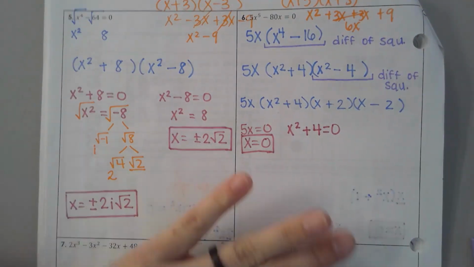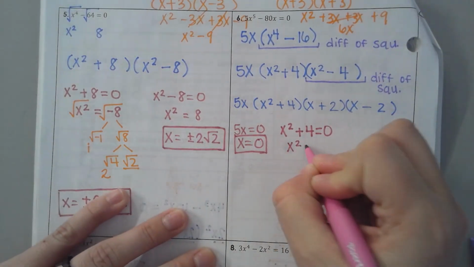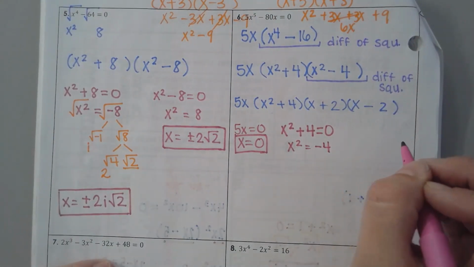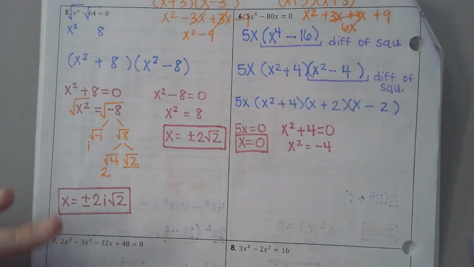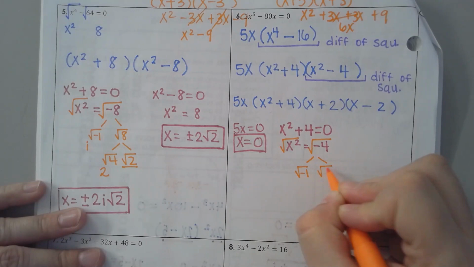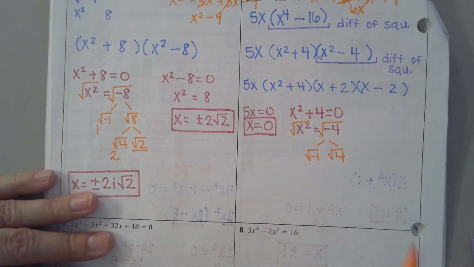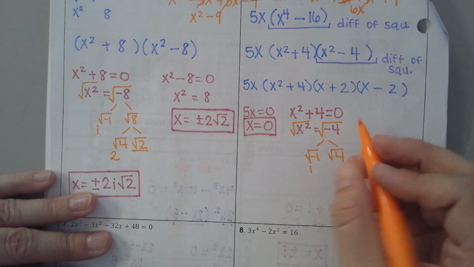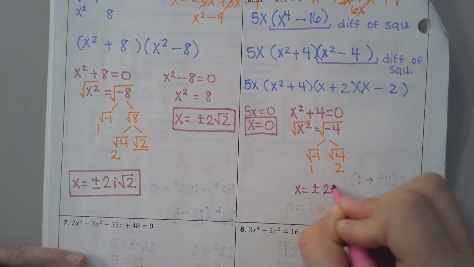So if I subtract 4, and then take the square root, I have a -1 and a 4. The square root of -1 is i. 4 is a perfect square. What's the square root of 4? 2. So my answer is plus or minus 2i.